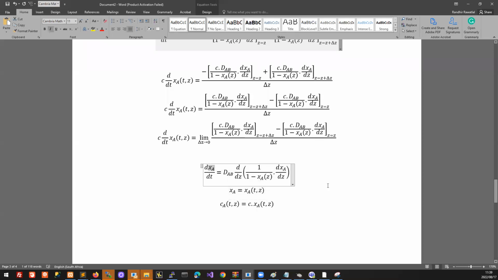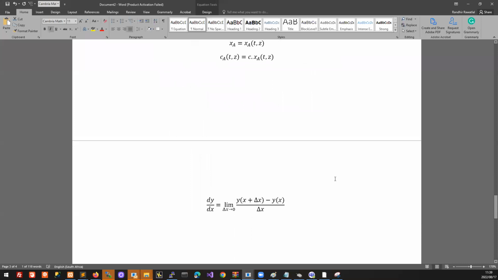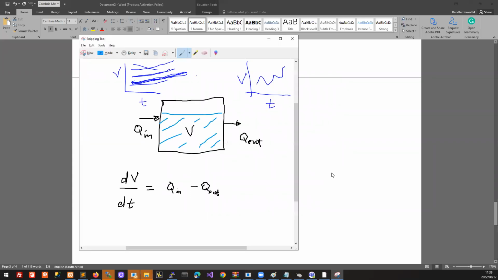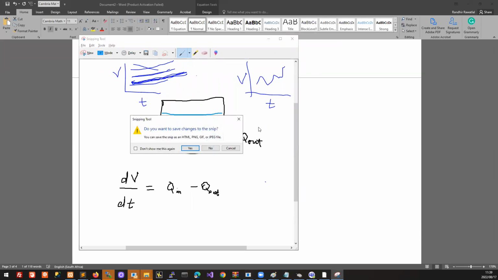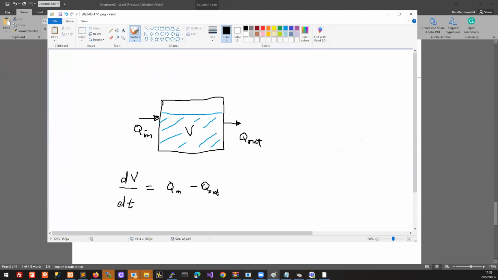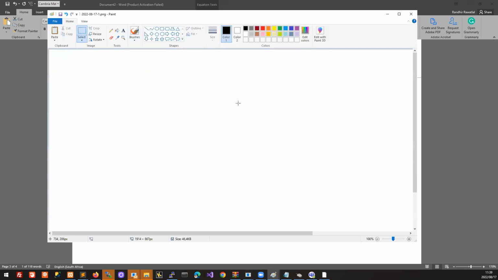Okay, let's take another example now. Let's think of a new situation, and I want to work with different coordinates this time. Let's think about that particle problem. We had a particle, and we had component A being consumed on the surface of that particle.